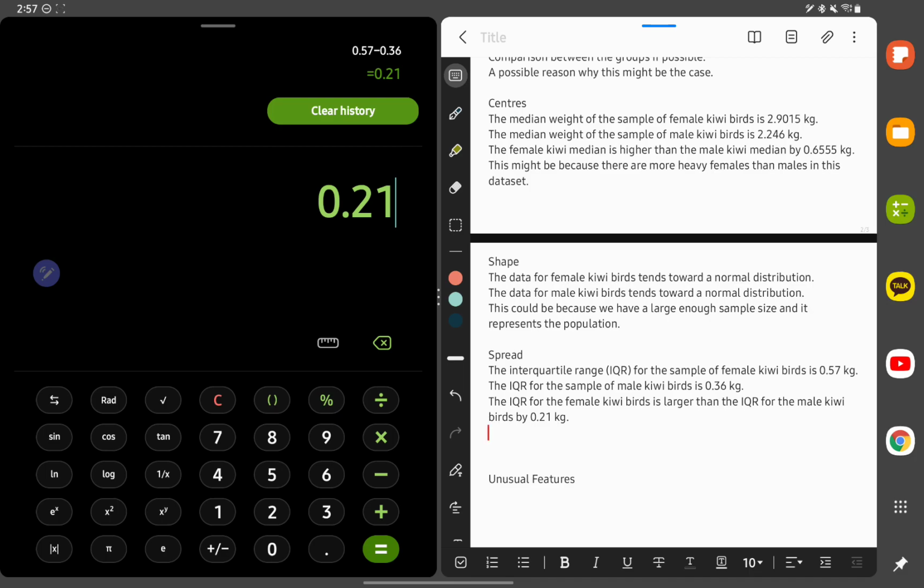So, right, I mean, it could also be because of random chance, right?